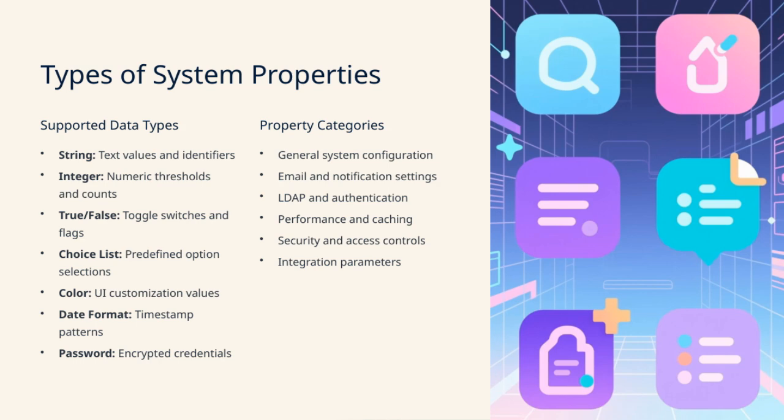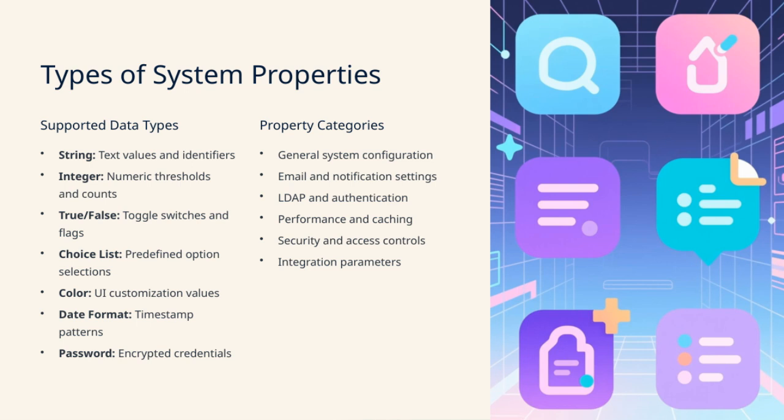When it comes to LDAP and authentication, these settings streamline user login processes and centralize credential management, making security both robust and manageable. Email and notification settings are vital for keeping users informed and engaged, so proper configuration here ensures timely alerts. General system configuration covers the broader settings that keep everything running smoothly.